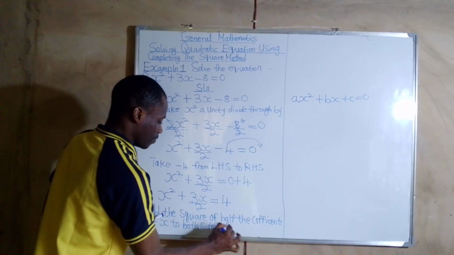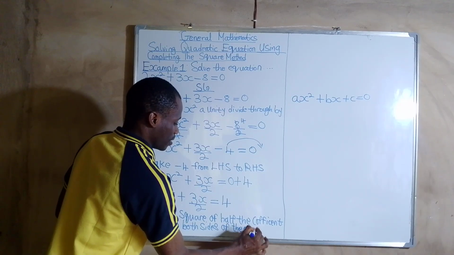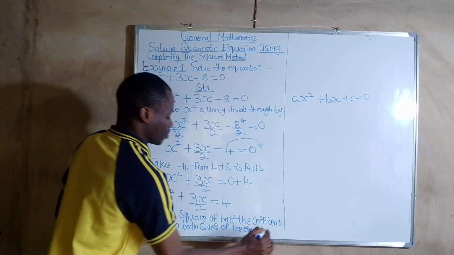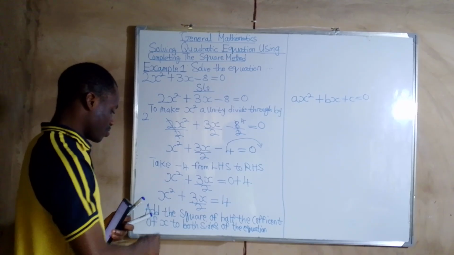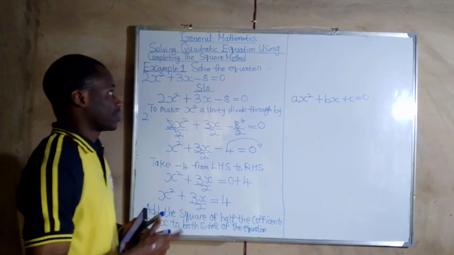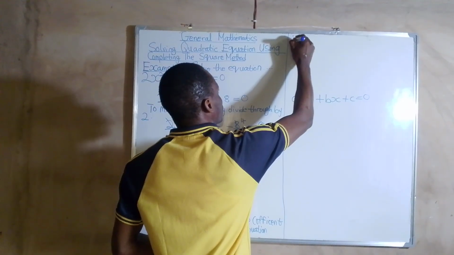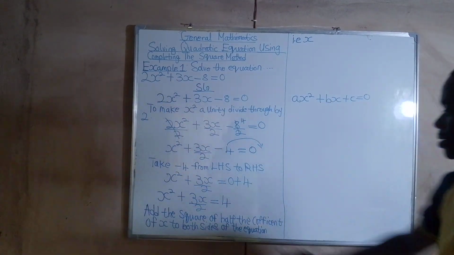Now remember, I always tell my students, you have to read the question, understand the question. So when you say add the square of half the coefficient of x, that is the coefficient of this x here.